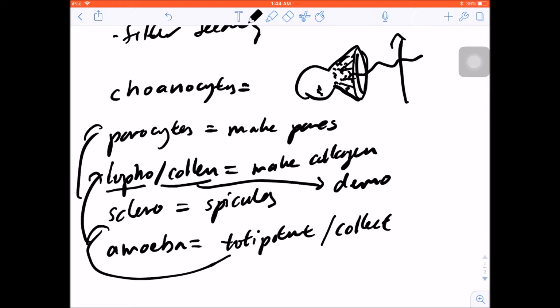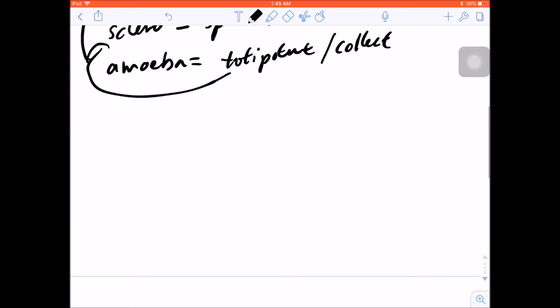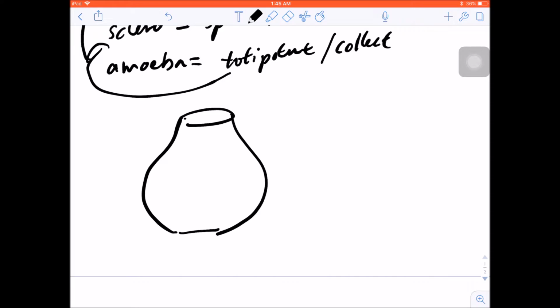Okay, so now that we have the cell types down, let's move on to the actual body plan of the sponge. So all sponges as a whole will look like this. You have a big opening on the top called the osculum. And then you have these little pores on the outside of the sponge called ostia.